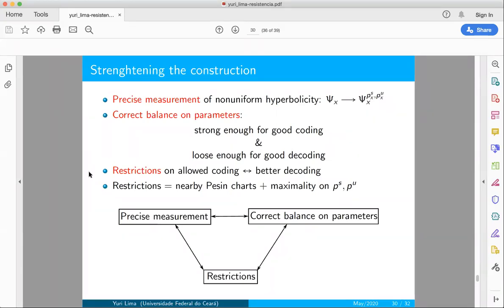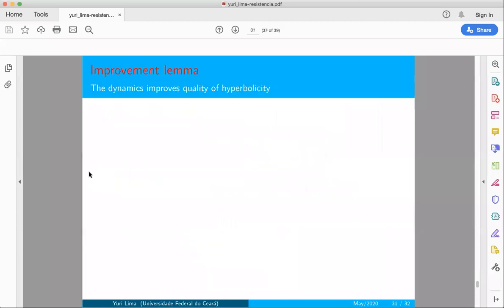I just want to finish with one extra ingredient which somehow is hidden in the proofs, which Mateus and I called an improvement lemma, which in rough terms says that the dynamics improves the quality of hyperbolicity.